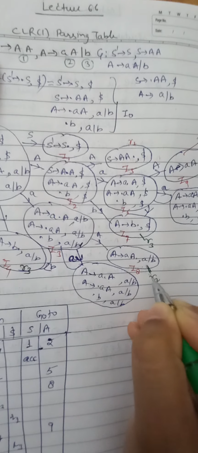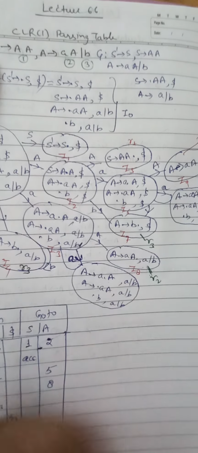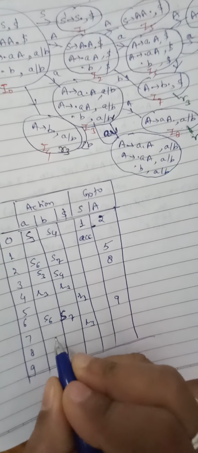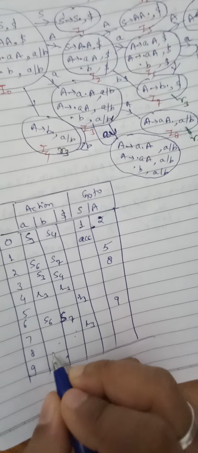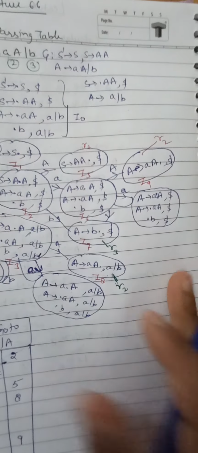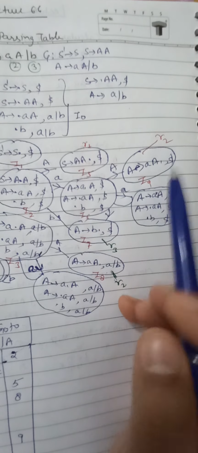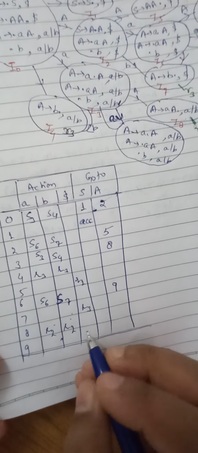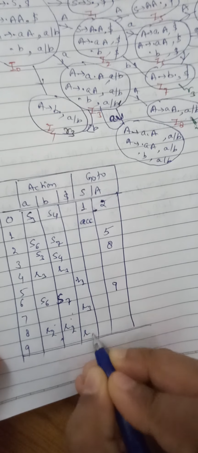It is for A and B, so we will write here R2 in A and B. And for the ninth state, I9, it is also giving R2, but at the dollar place, so we will write here R2 at dollar.